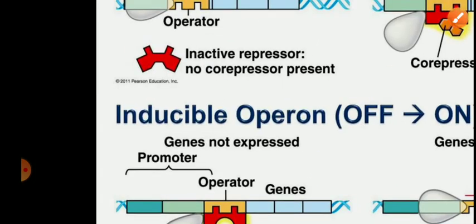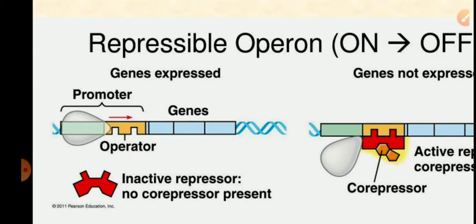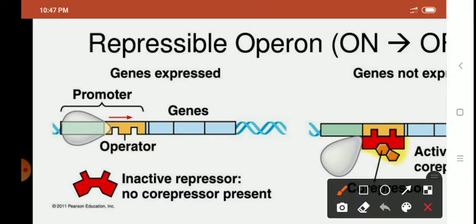Look at this diagram. Inactive repressor is synthesized by the regulator gene. Because it is inactive, it cannot bind the operator gene.